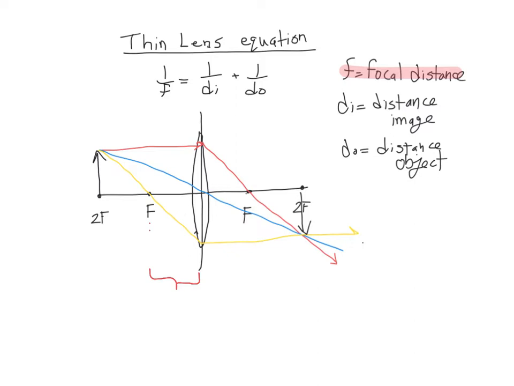So we're going from the focal point to that vertical y-axis. We could also use this focal point as a distance because it would be the same distance. So either one works. And that is going to be the f.